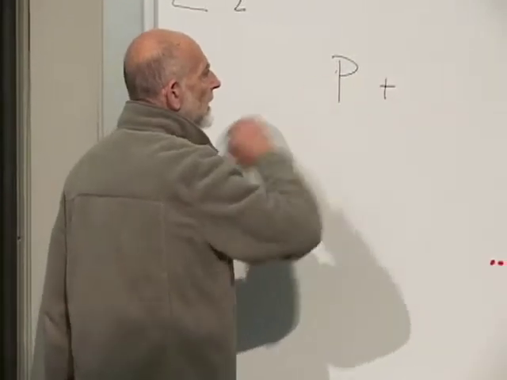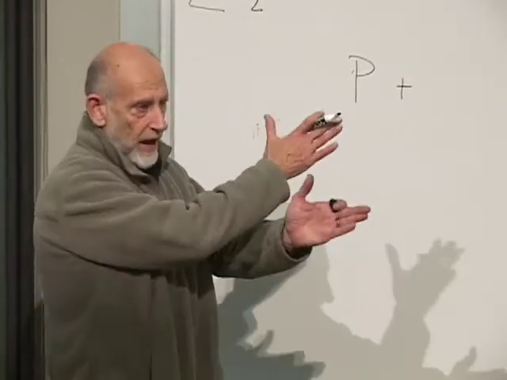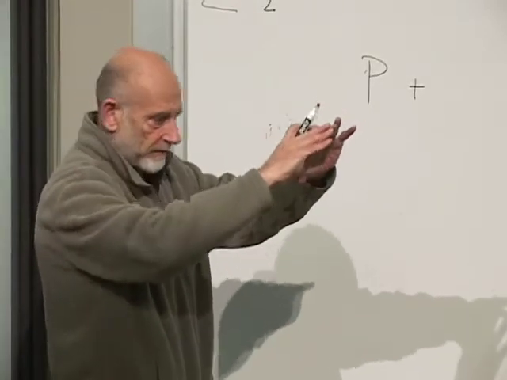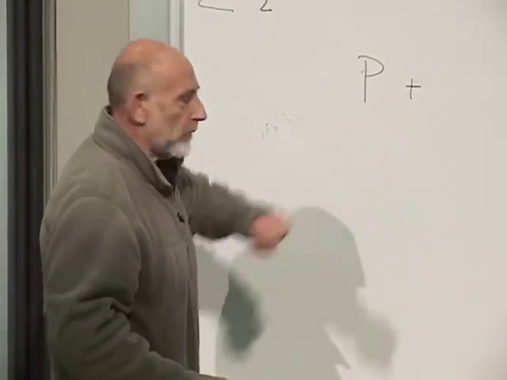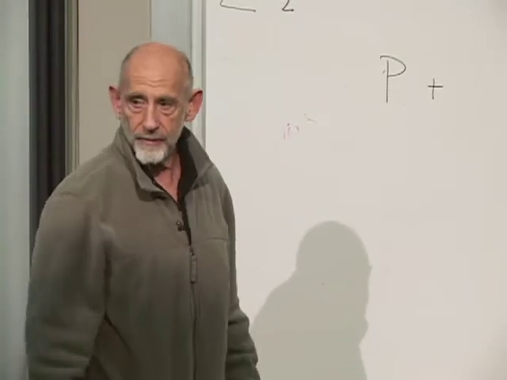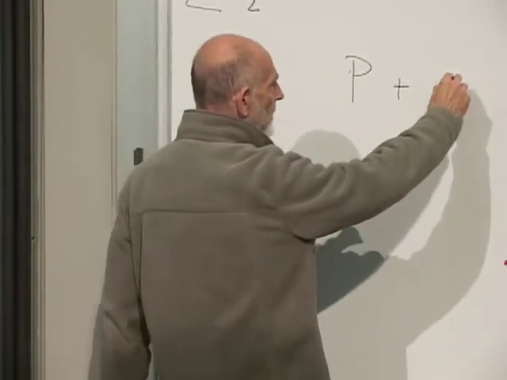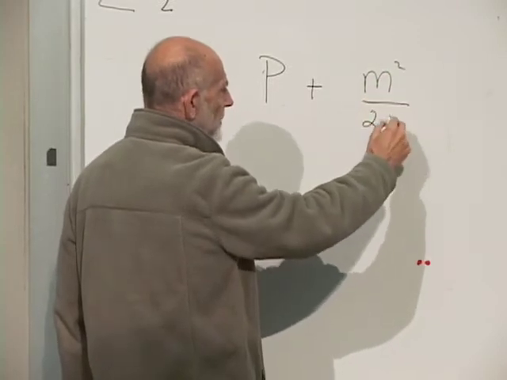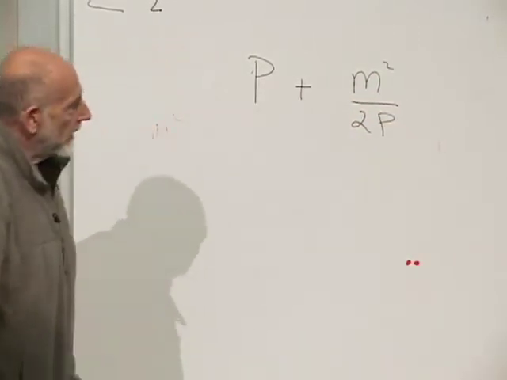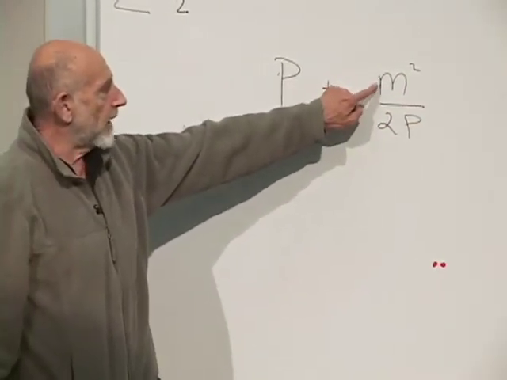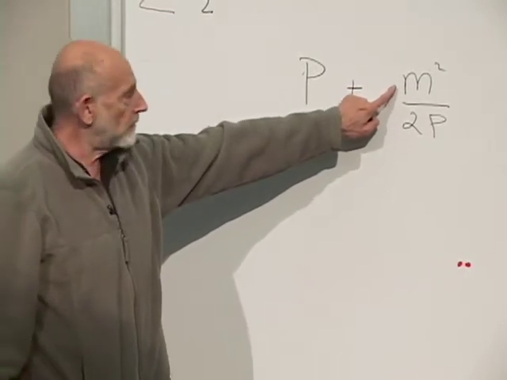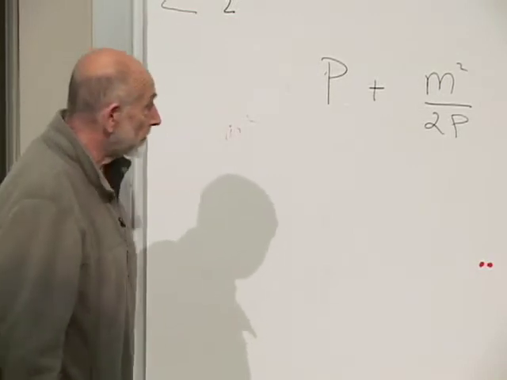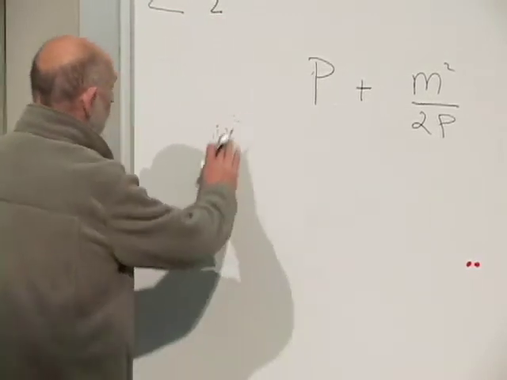And then for a particle whose center of mass is not moving in the plane, what's the rest of it? Do you remember? The mass squared divided, I think, by twice the momentum. And that's why we began to identify the energy, the non-relativistic energy, with m squared rather than m. This was the energy.